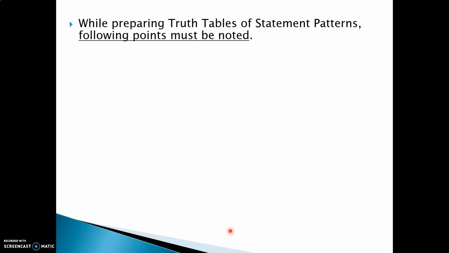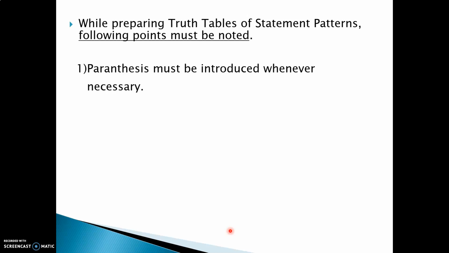While preparing truth tables of statement patterns, the following points must be noted. Parentheses must be introduced whenever necessary. Here two statement patterns are given. The first one is negation of (P implies Q) and the second is (negation P) implies Q. Both are different because in the first case, P implies Q you will find first, then you will take the negation.